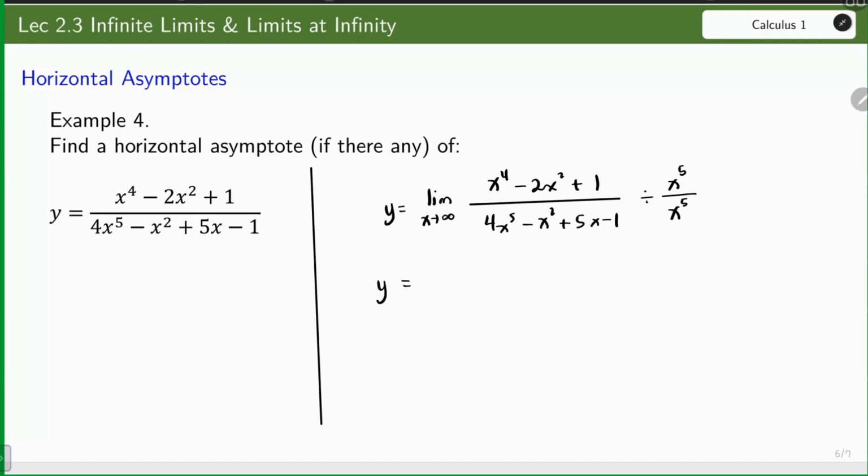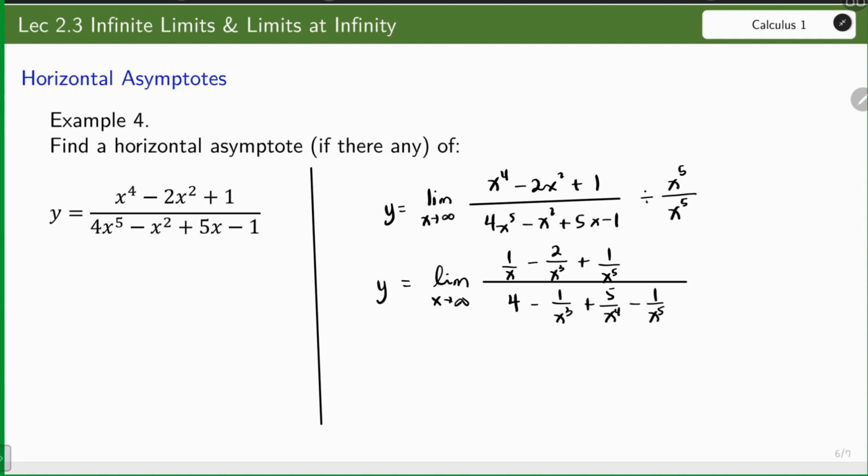So we have here the limit of 1 over x minus 2 over x cubed plus 1 over x raised to 5, and then we have 4 minus 1 over x cubed plus 5 over x raised to 4 minus 1 over x raised to 5.